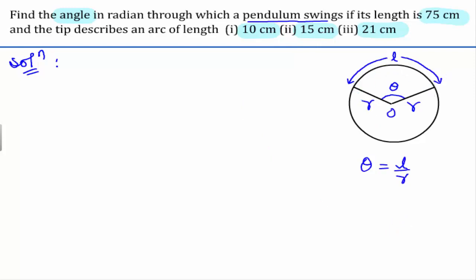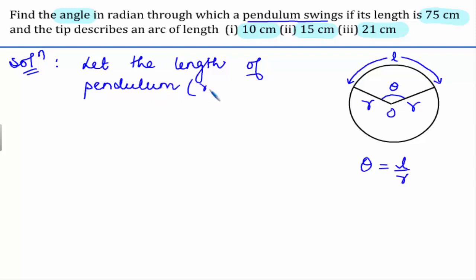Therefore, let us suppose that the length of the pendulum be equal to R, and this is given to us as 75 centimeters. For the first one we are given that L is an arc of length 10 centimeters. Now we have to find the angle in radian.